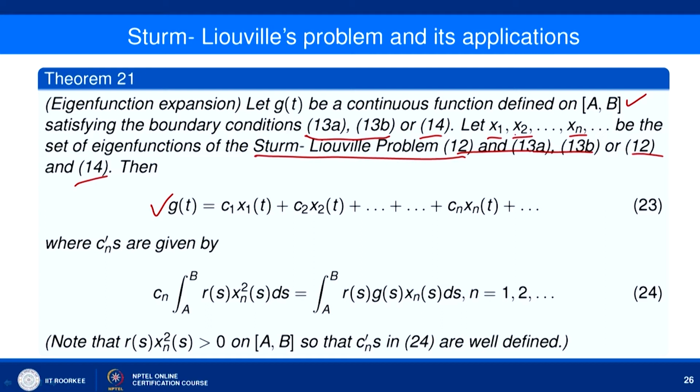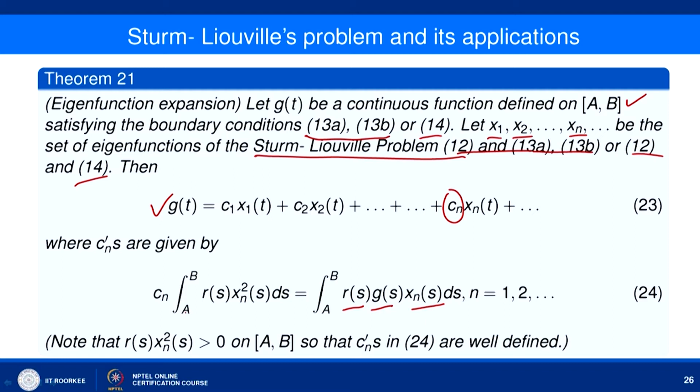So, here all these xi's are eigenfunctions of the Sturm-Liouville problem, and you can calculate the coefficient Ci by the following formula, that is Cn times the integral from a to b of r(s) xn squared(s) ds equals the integral from a to b of r(s) g(s) xn(s) ds. Now, we already know r(s), we know g(s), we know xn(s).